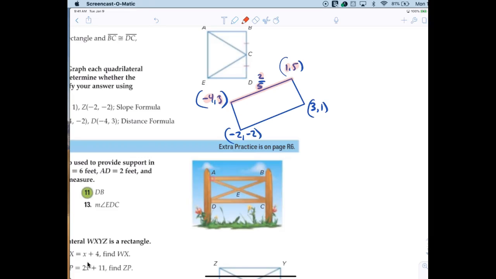The y's: I went from 5 to 1, which is negative 4. Is that right? Then from 1 to 3 is what?